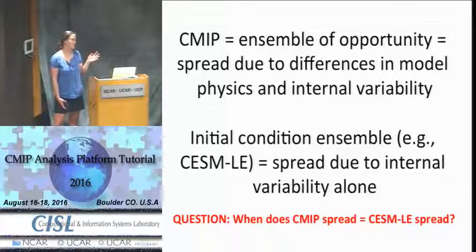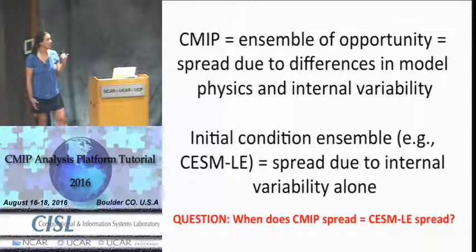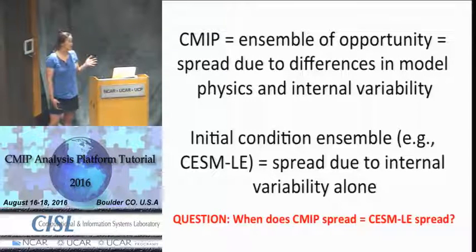So this is kind of the heart of what I think is relevant specifically to this workshop. CMIP is really an ensemble of opportunity. As Ben mentioned, it's not doing a systematic job with a lot of things. One thing that it is confounding are the differences in model physics and internal climate variability.